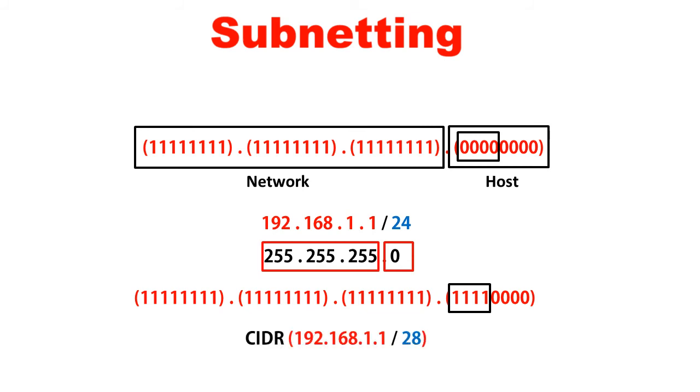It will be 192.168.1.1 slash 28. Previously it was 192.168.1.1 slash 24, because 4 bits have been borrowed from the last octet which was previously consumed by the host. The subnet value will also change. It will no longer be the default value.